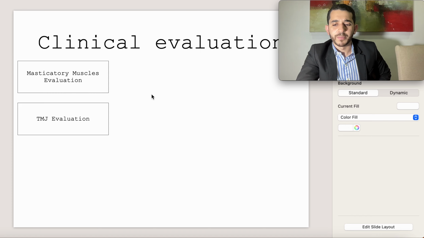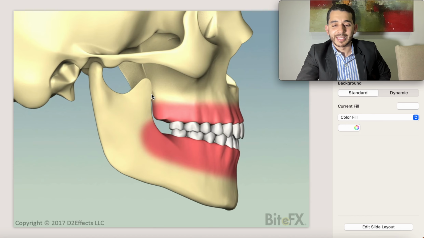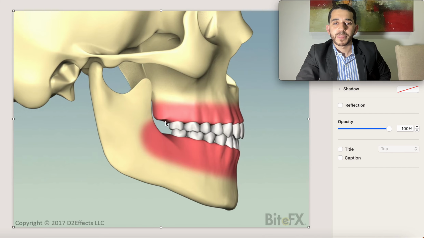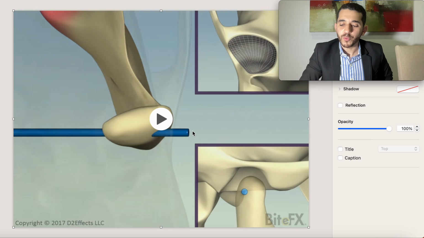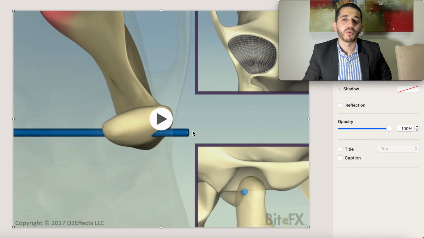So for the TMJ evaluation, it's really important to explain what we're looking for. It's the basic anatomy of the TMJ, all right? I know we all have seen this in school, but we don't usually talk about lateral pole and medial pole.